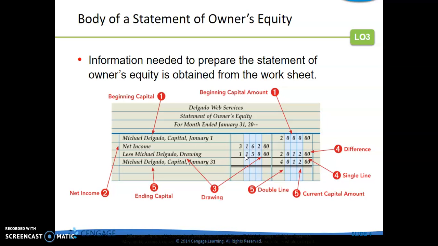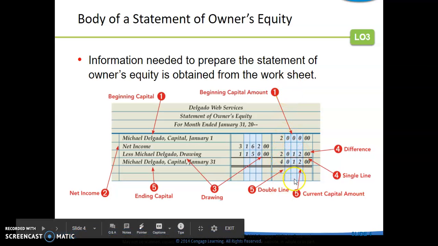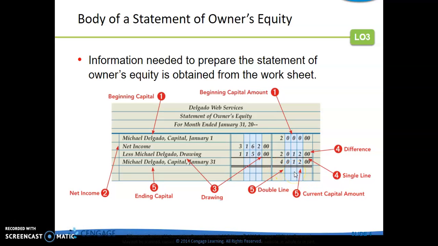We're going to subtract the drawing from the worksheet. And then that is going to give us a total of 2012. We're then going to add these two together to give us our current capital. Current capital is very important because that is an amount that we are going to need for the balance sheet.